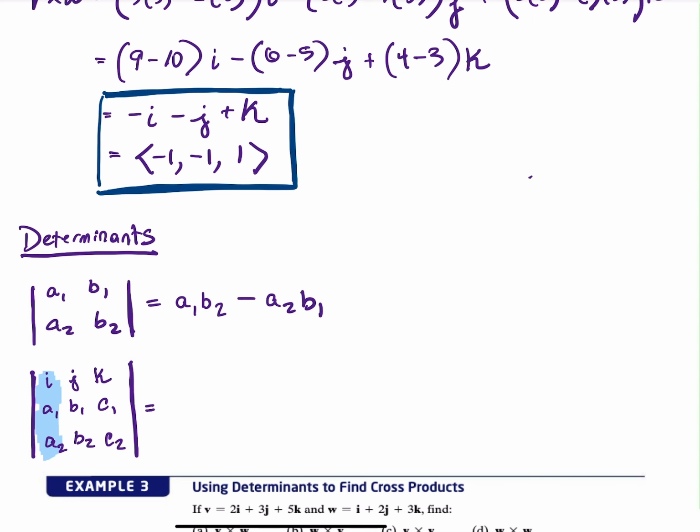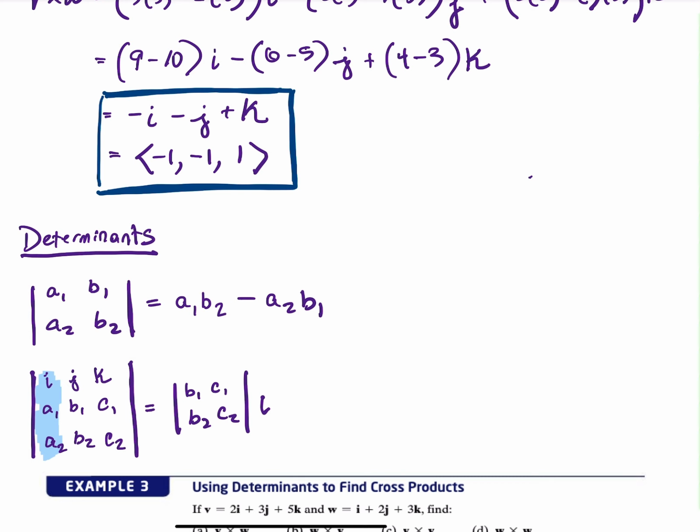So I can say the determinant of B1, C1, and the second row would be B2, C2. So it's this remaining block. And this gets multiplied by the element in that first column. So the first element in the first column. So that's our unit vector i.